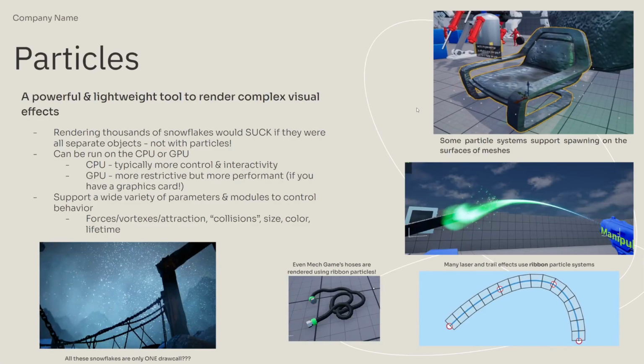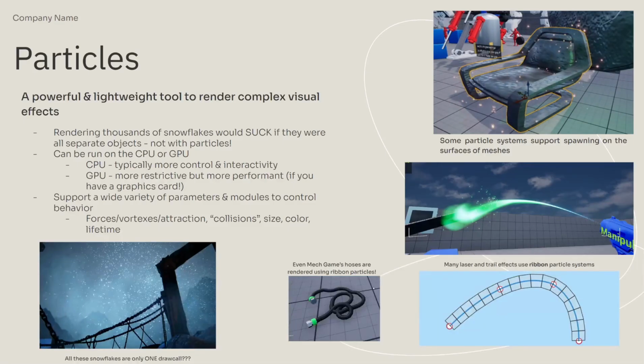I mentioned particles earlier. I'm not going to get too deep into particles because these systems are very idiosyncratic and very detailed. But basically, particles are a lightweight tool to render complex visual effects, especially those involving a lot of things that are very similar.